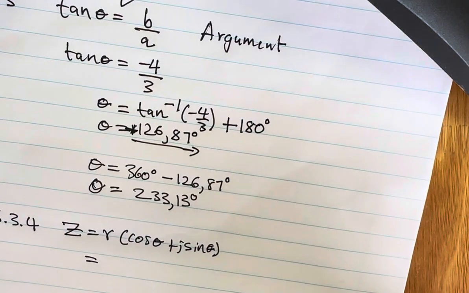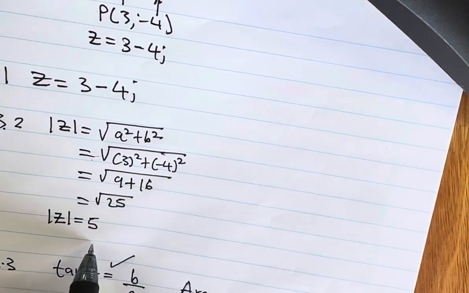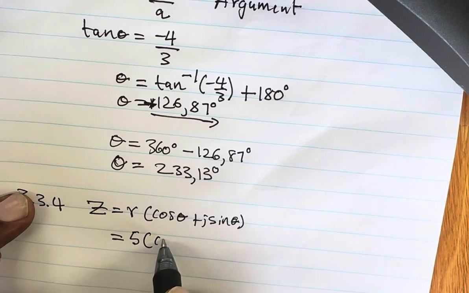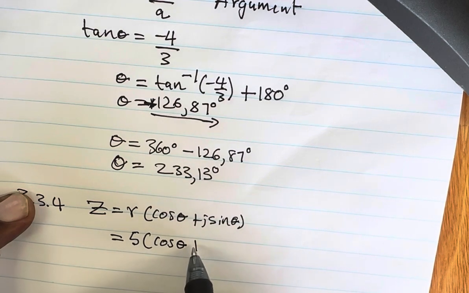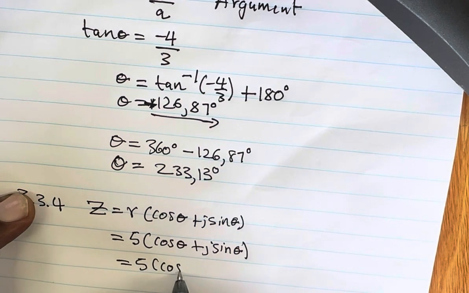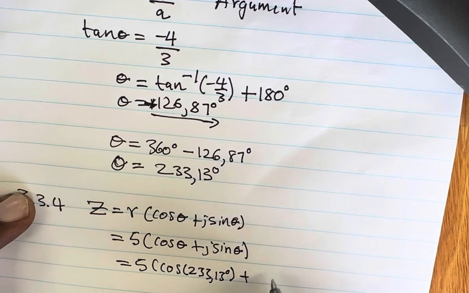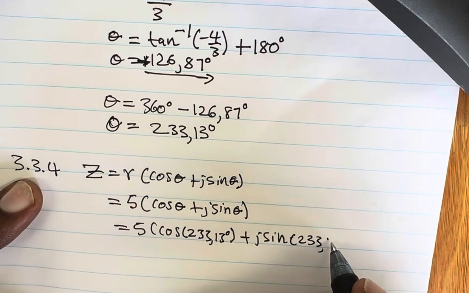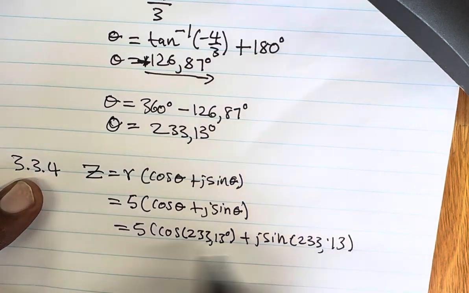Remember our modulus here is equal to 5. So we are going to have 5 into cos of theta plus i sine of theta, which is 5 cos of 233.13 degrees plus i sine of 233.13 degrees, close bracket. That is in polar form.